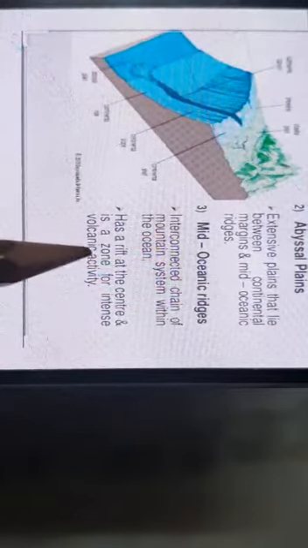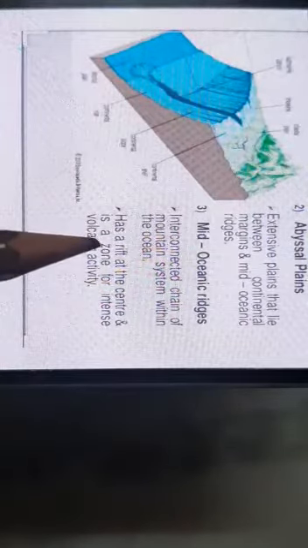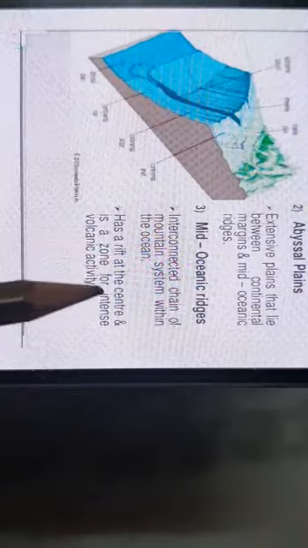So different oceans beneath the water surface are connected with this chain. So this is a mountain chain submerged in water. It has a rift at the center and has a zone of intensive volcanic activity.